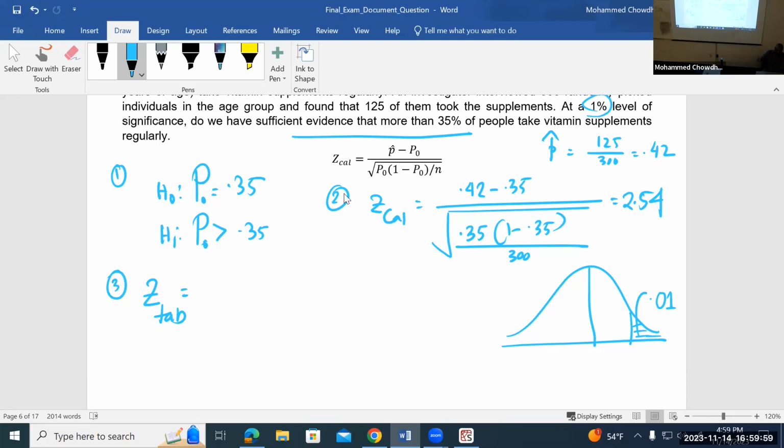So in order to find that, what should I do? I should write here stats.norm.ppf, 0.99, and 0, 1. Okay? Which is equal to, I guess, 2.5... 2.58 or 2.32 maybe.